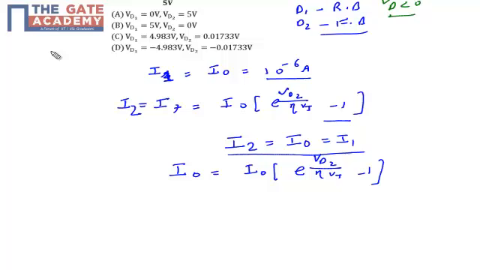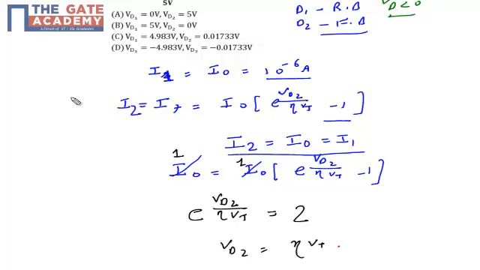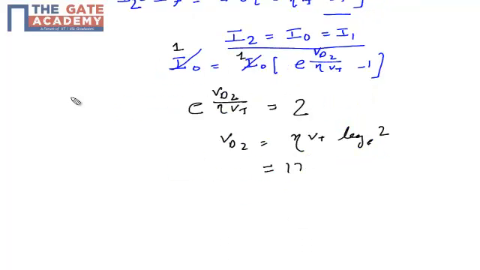I can cancel out I0 on both sides, and simplify this to e raised to power VD2 by eta Vt equals 2. Further simplifying, VD2 is equal to eta Vt times ln 2, which is approximately 17.32 millivolt.